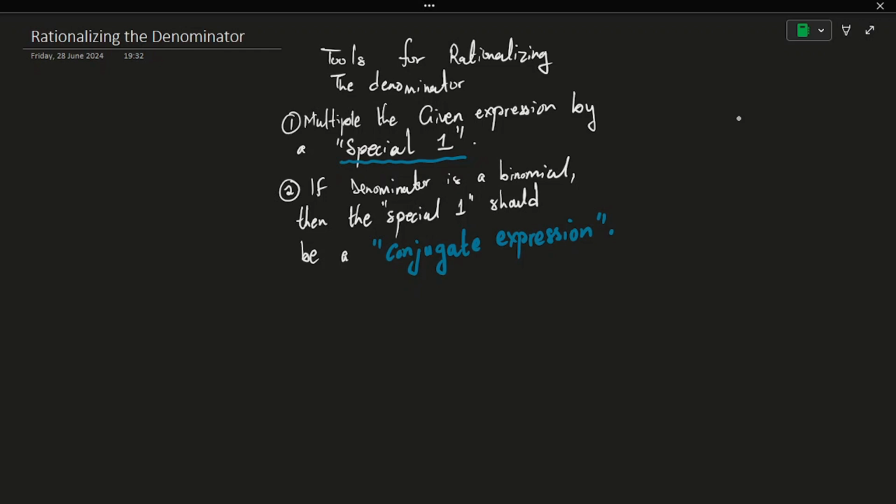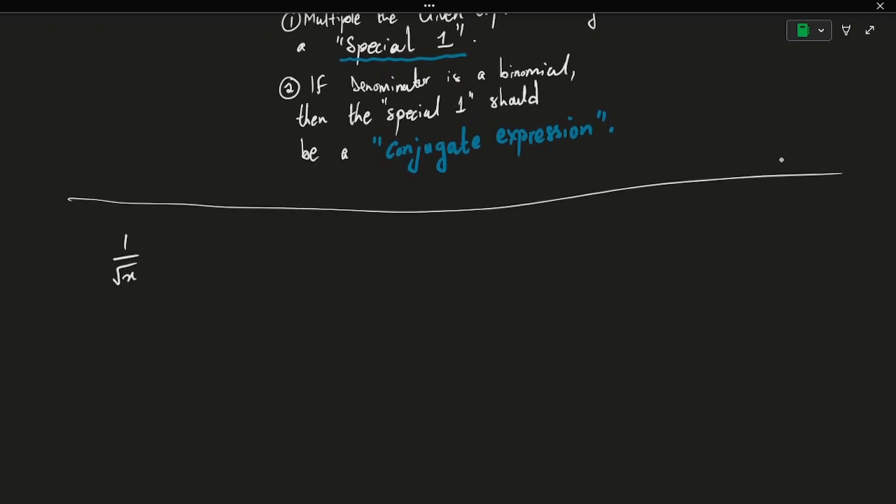Let's say you were given the expression 1 divided by root of x, the one we had before. I'll just underline it here. If you were given 1 divided by root of x and you were told to rationalize the denominator, what I mean is you have to multiply this expression, this whole thing is called an expression, by a 1. But this 1 is special because remember that 1 can be anything divided by itself.